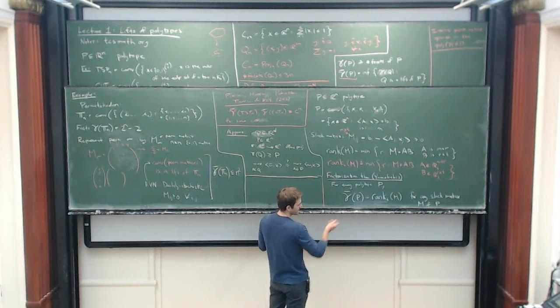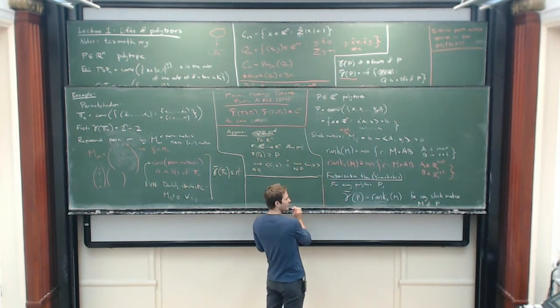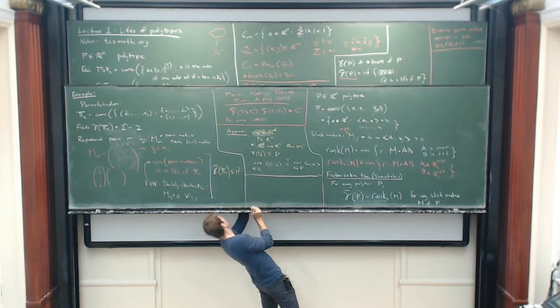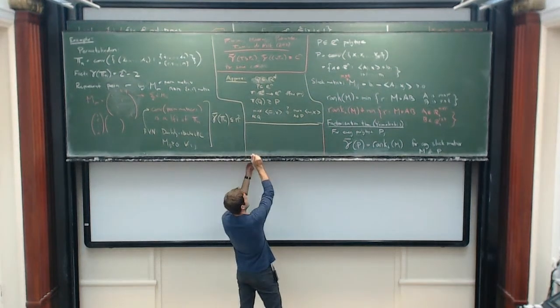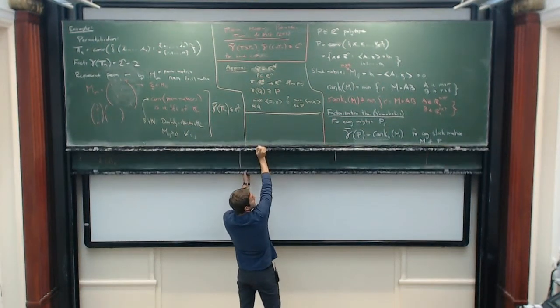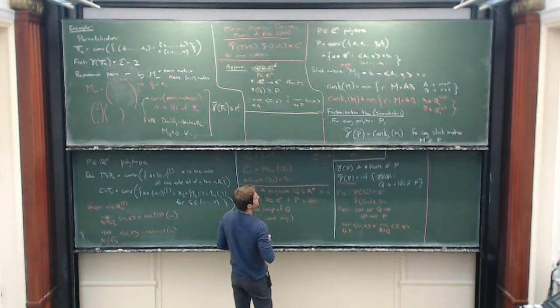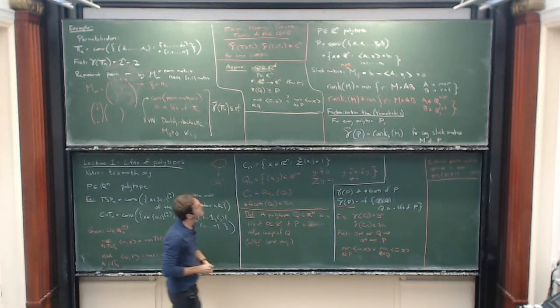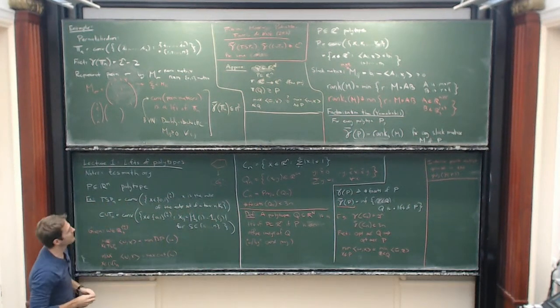The proof is just Farkas's lemma. But let's hold off for a second on why this is true, and then we'll come back to it. Actually, let me say one thing about why it's true.